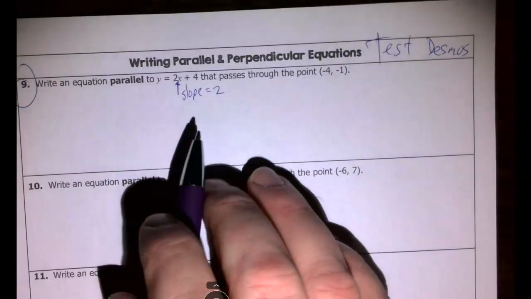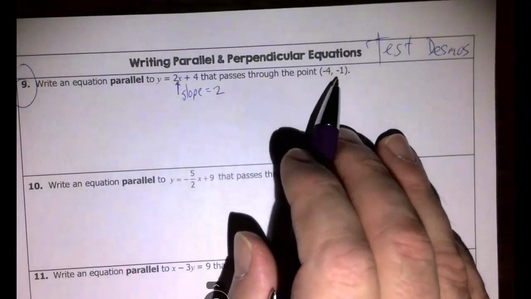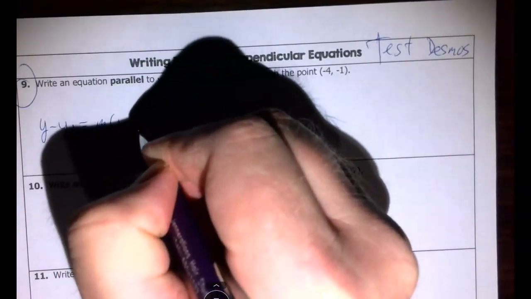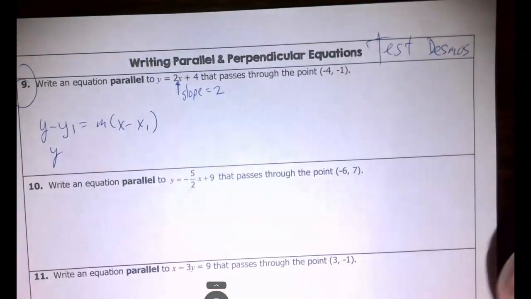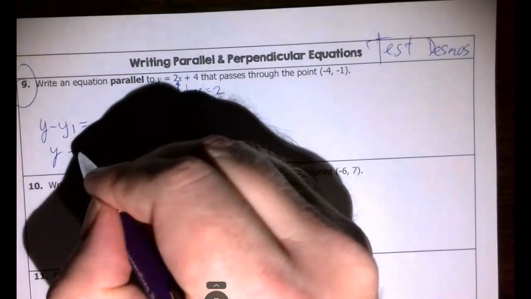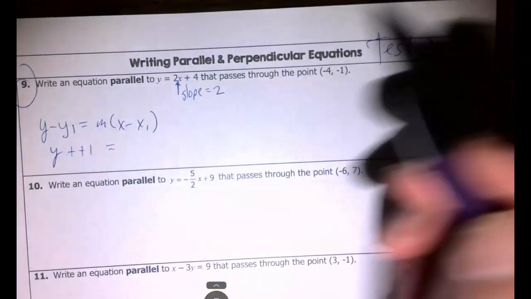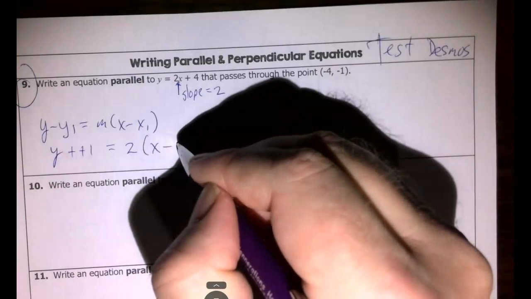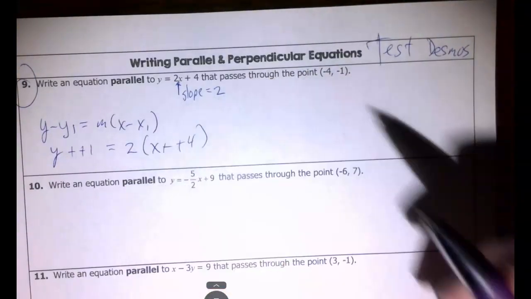Okay, so we're going to do point slope again, except this is the point we're going to use, and this is the slope we're going to use. So y minus y1 equals m times x minus x1. Y got a negative 1, so y minus a minus 1, that's going to be plus. This is going to be 2, and then x minus the x coordinate, which is negative 4, those are pluses.